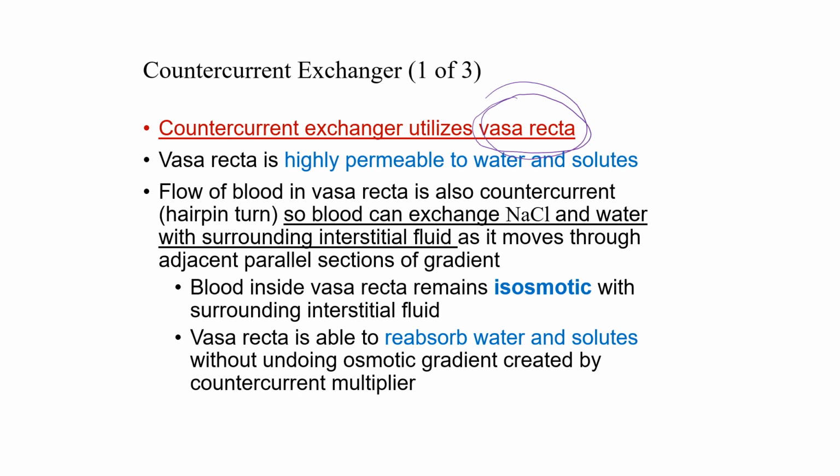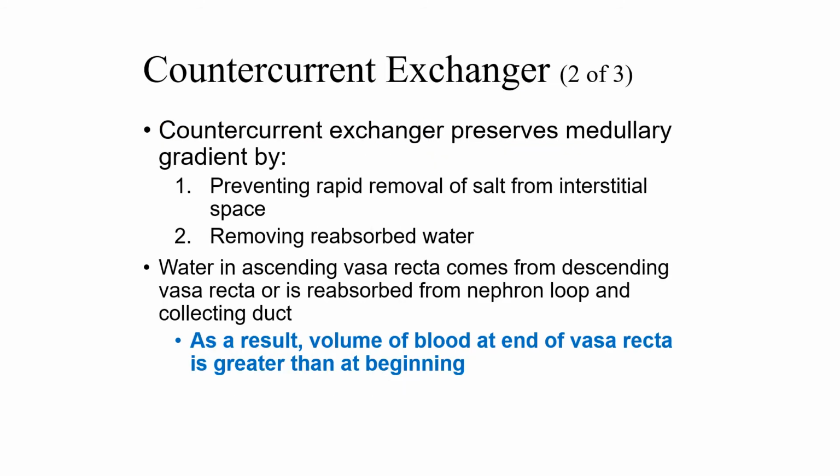So the blood inside the vasa recta is going to remain isosmotic with the surrounding interstitial fluid. This means reabsorption of water and solutes can take place without the osmotic gradient being interrupted.